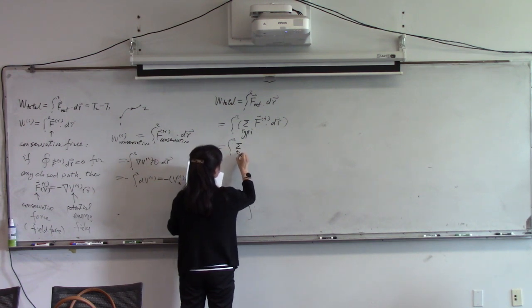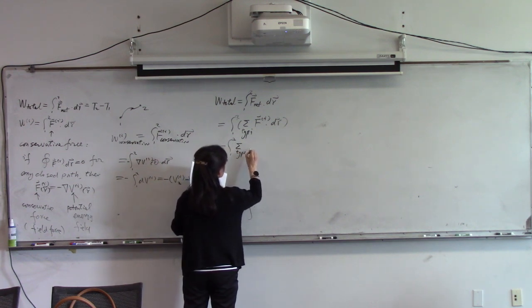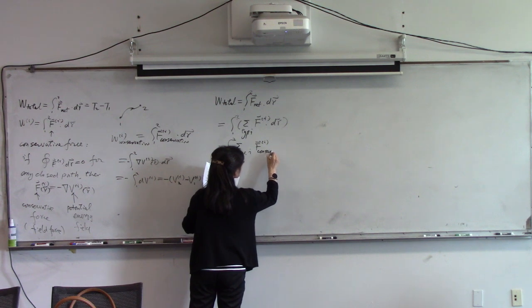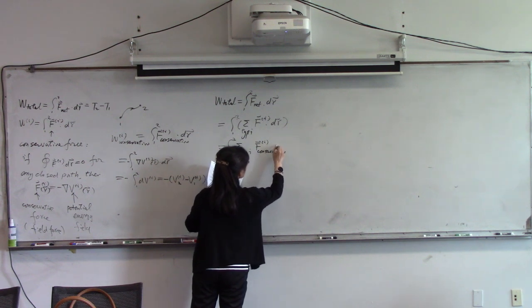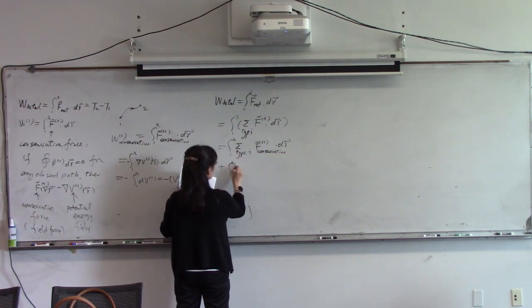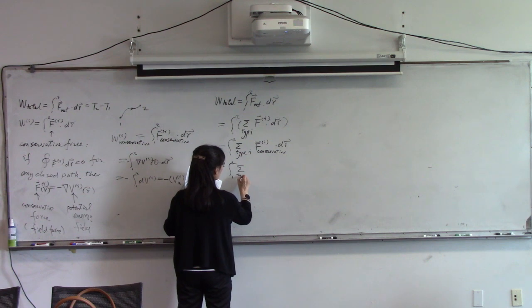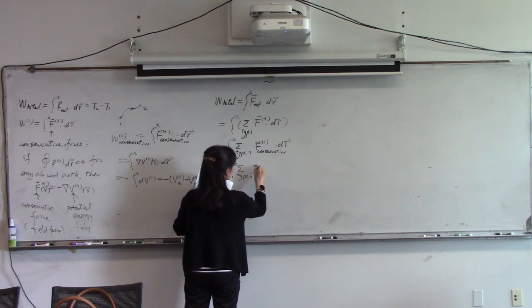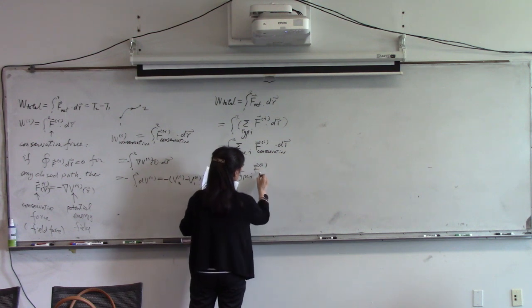So for all types i, if it is conservative, that is the work done by the conservative force, plus, from 1 to 2, all the non-conservative forces. So we can classify the force into two, either conservative or non-conservative.